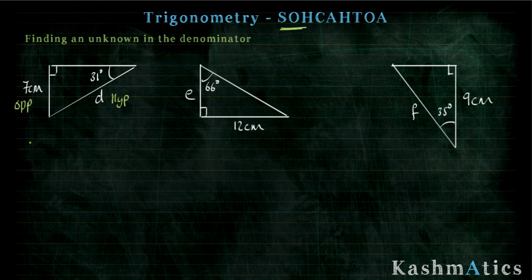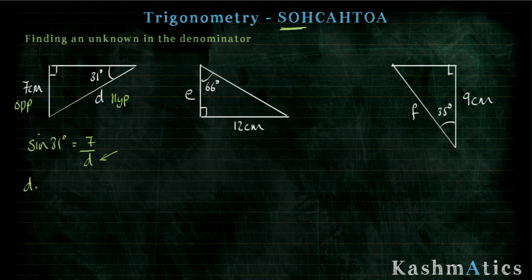So let's start it off as before. Sine 31 degrees equals the opposite, which is 7, divided by the hypotenuse, which is d. So when I said the unknown is in the denominator, that's where it is. I need to treat it just like before, and get rid of it from the denominator.